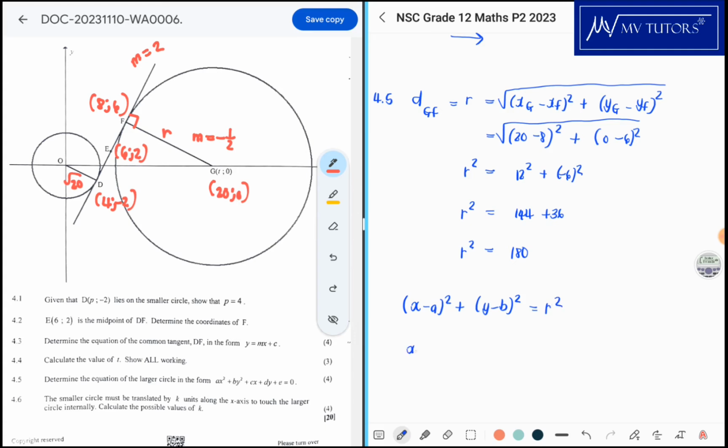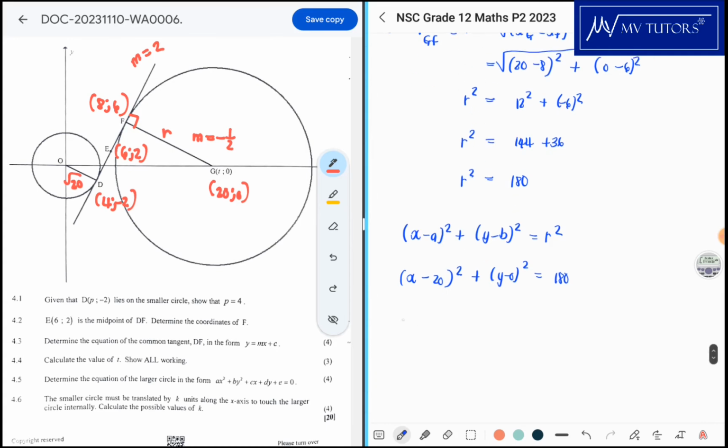So we have (x minus 20) squared plus (y minus 0) squared is equal to 180.